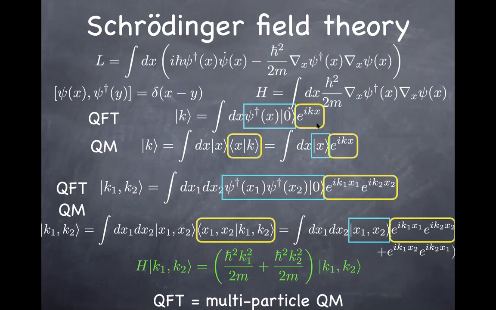Yeah, so how to deal with the fermions is something I'm going to talk about later. The basic idea is that there are actually two ways of quantizing this Lagrangian. One of them is this one with psi-dagger commutator. But it turns out that there's another way of consistently quantizing this Lagrangian using what is called the anti-commutator. The commutator of two operators, A and B, is AB minus BA, right?